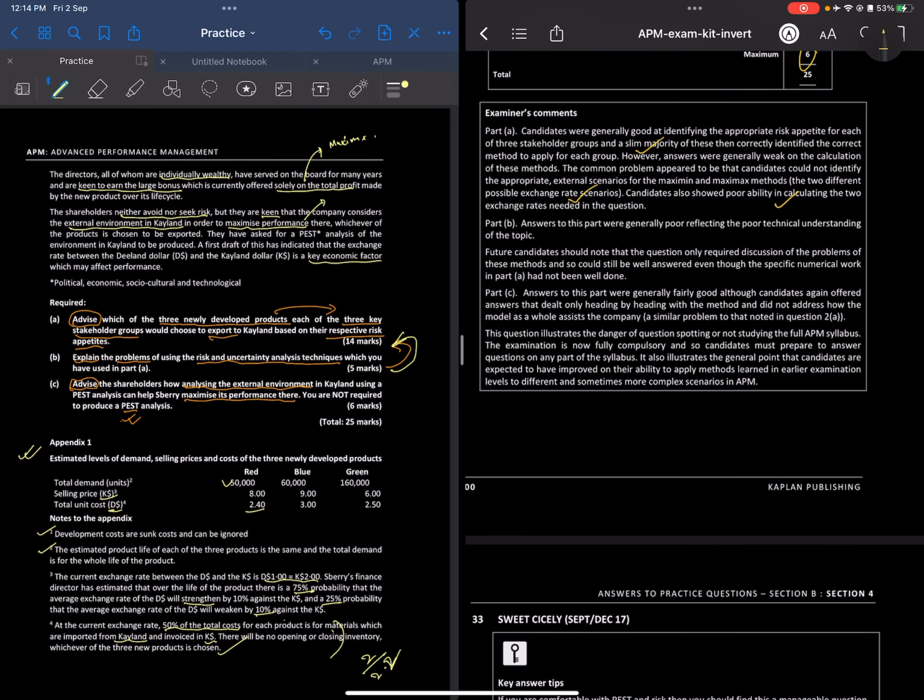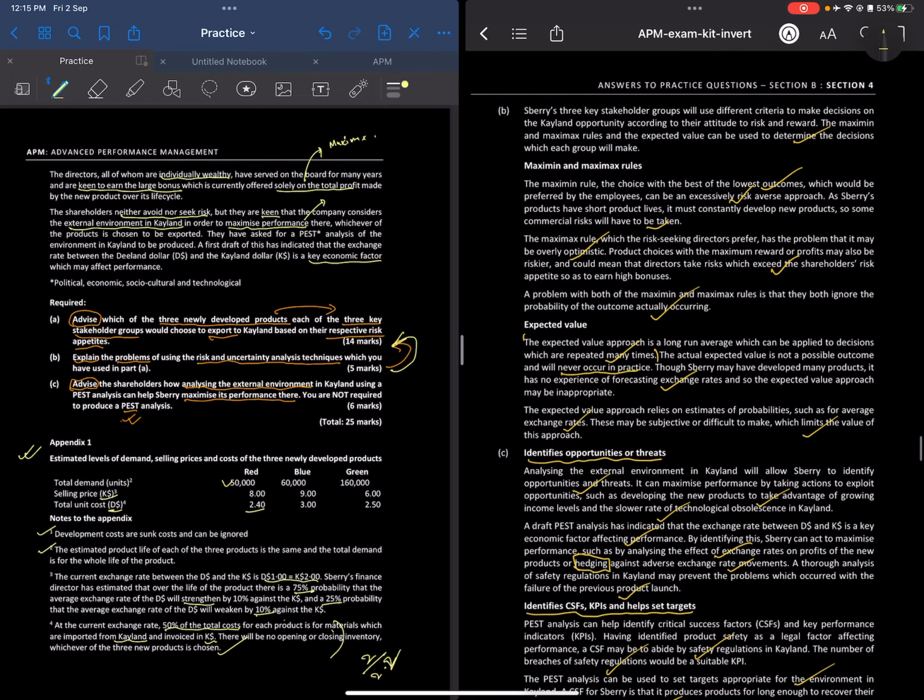And part B. So answers to this part were generally poor, reflecting poor technique and understanding of the topic. So future candidates should not only require the discussion of problems of these methods, but should also be well answered even though specific numerical work in part A had not been done well. Okay, based on that they could not generate an answer for this one, right?